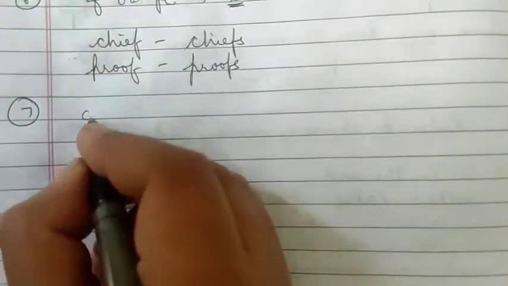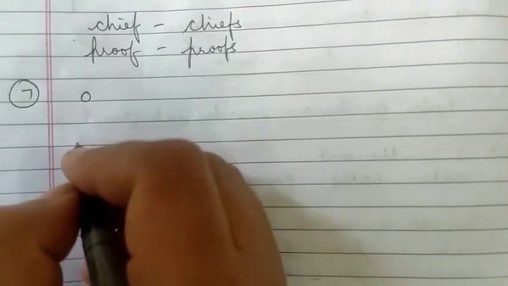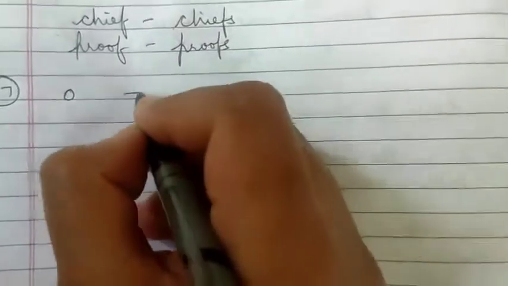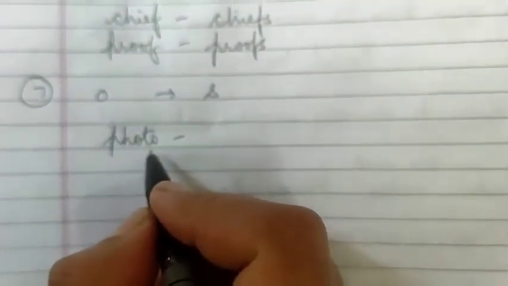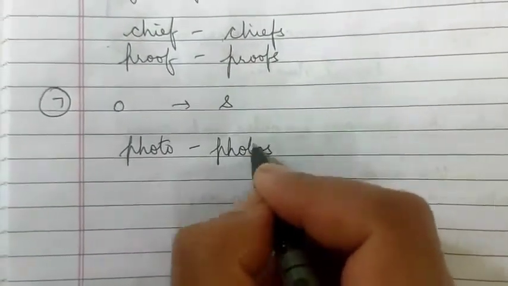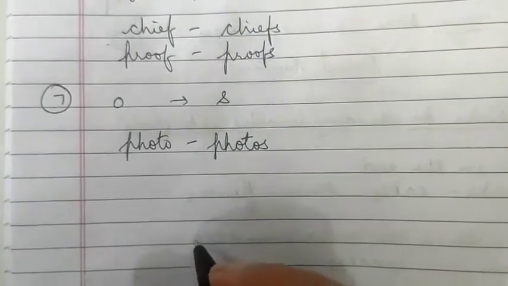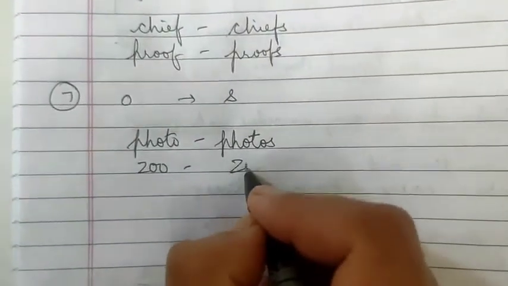Now children, there are some singular nouns which end with O. And when we have to change them in plural sense, how will we change? By adding S at the end. For example, photo. Here the word is ending with O. So what will come here? Photos. Zoo. Zoos.